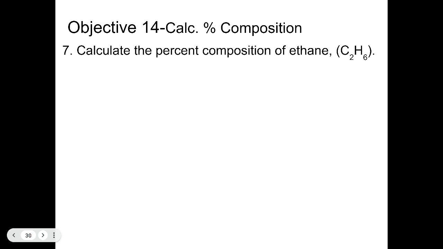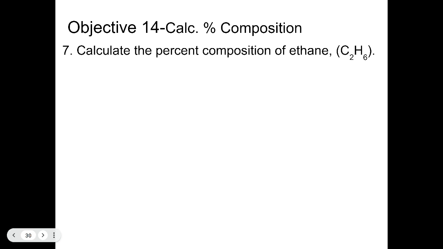Now we're going to take that 30 and divide each of the pieces of the compound by 30, and then multiply by 100 to see what the percent composition is. Because again, we're curious to know, there are way more hydrogens, but how much of the hydrogen actually makes up the compound?